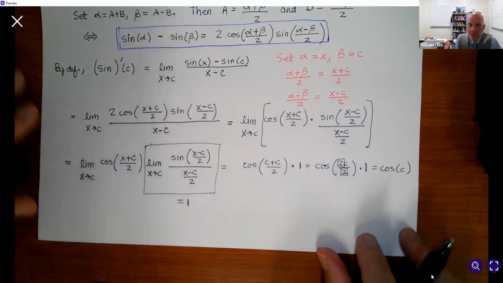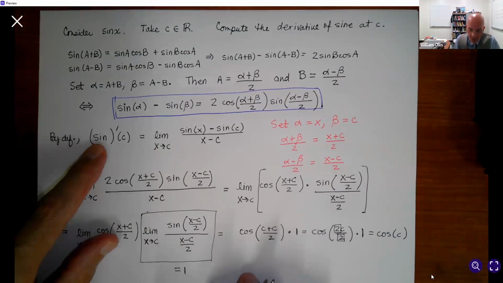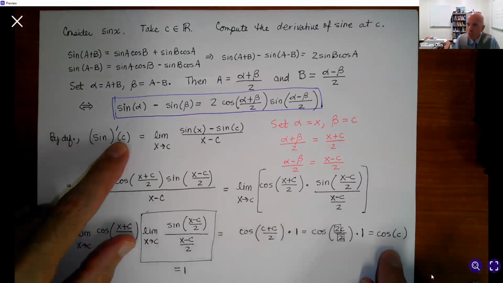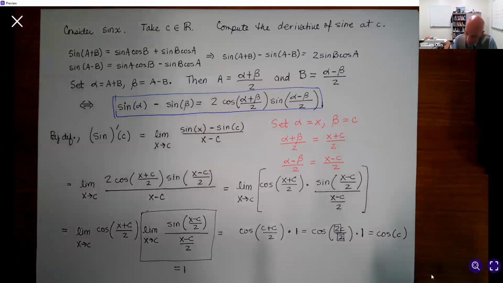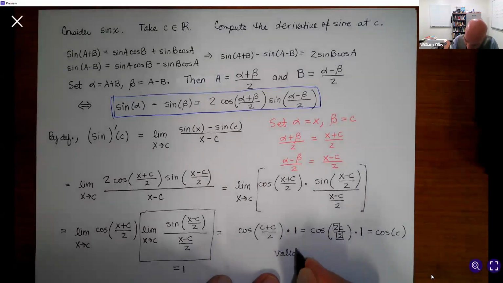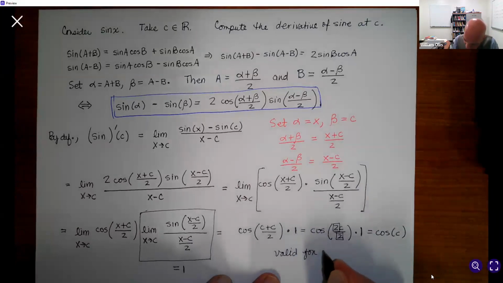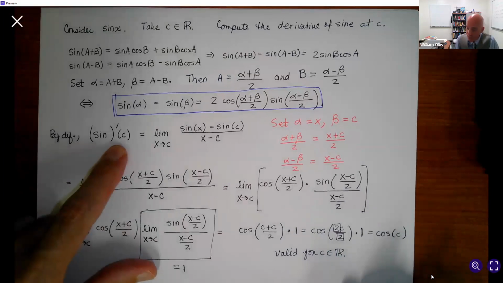So now we're in really great shape. The derivative of sine at c is just cosine of c, and cosine is defined for all c, so this is valid for c an element of R. So we can take the derivative of sine at any value of c.